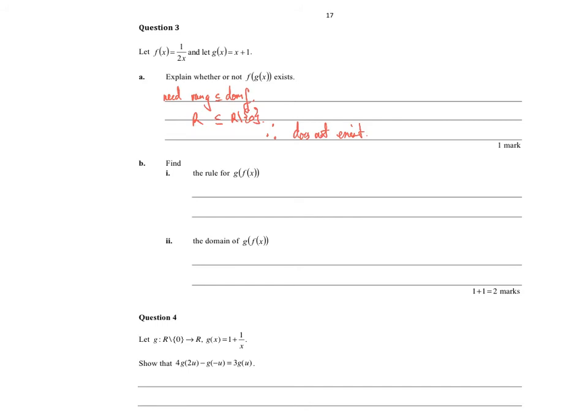Okay, find a rule for g of f of x. So g of f of x means substitute f of x into g. So g of f is equal to 1 over 2x plus 1. Yep. Which if you like is just 1 over 2x plus 1.